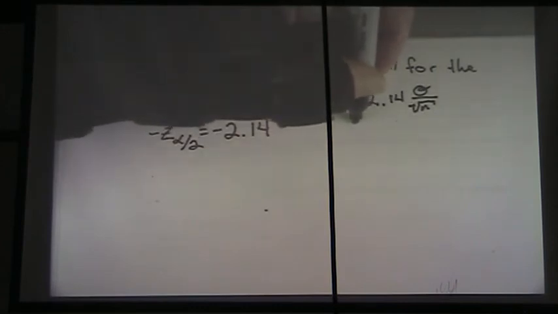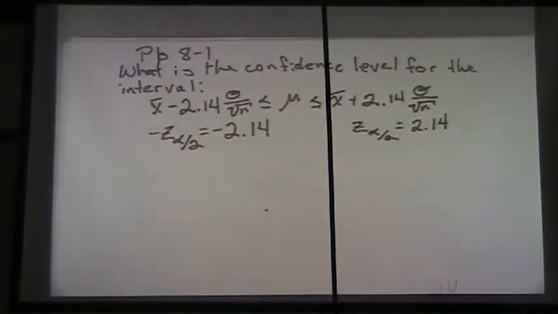And conversely, our positive z alpha divided by 2 equals 2.14. All right, we're going to use exactly the same ideas that we were using before.